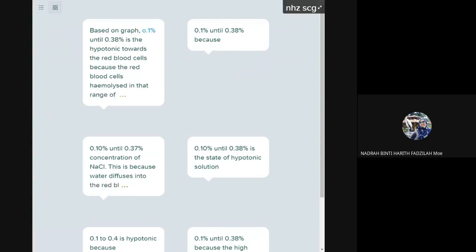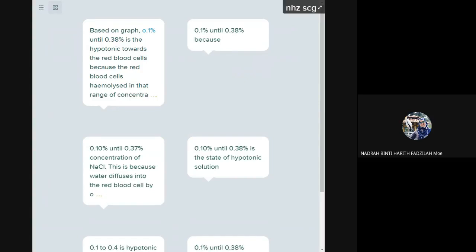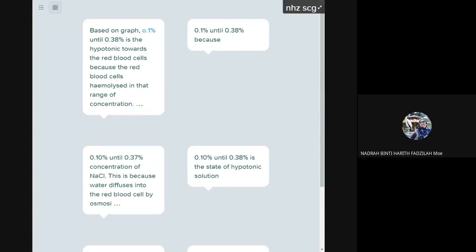Tapi kenapa sampai 0.38 eh? Dekat 0.5 tak ada, 0.5 tak hypertonic. Okay, 0.5. Okay. Tengok gambar, tengok ni ya.